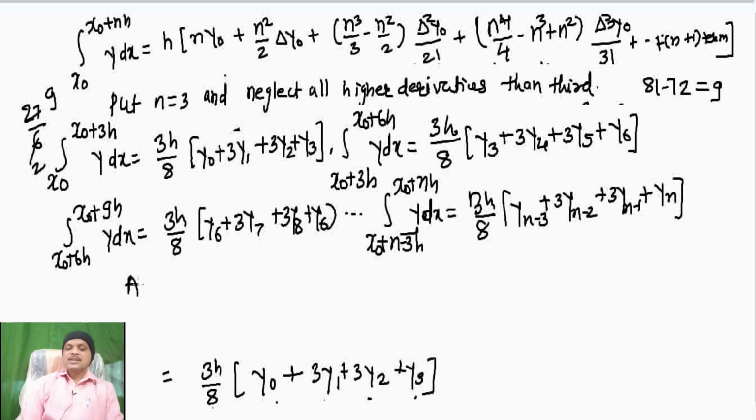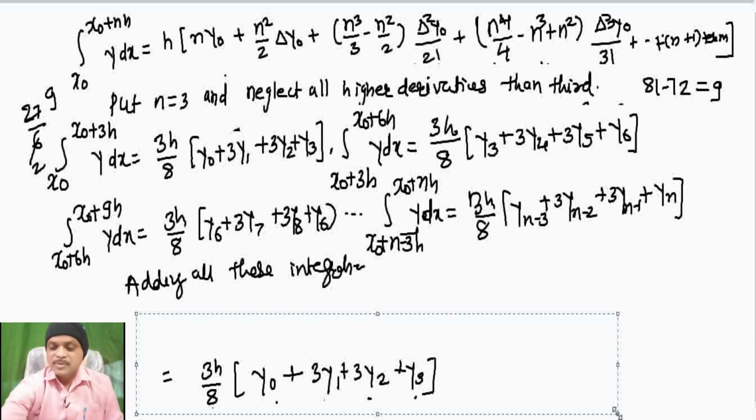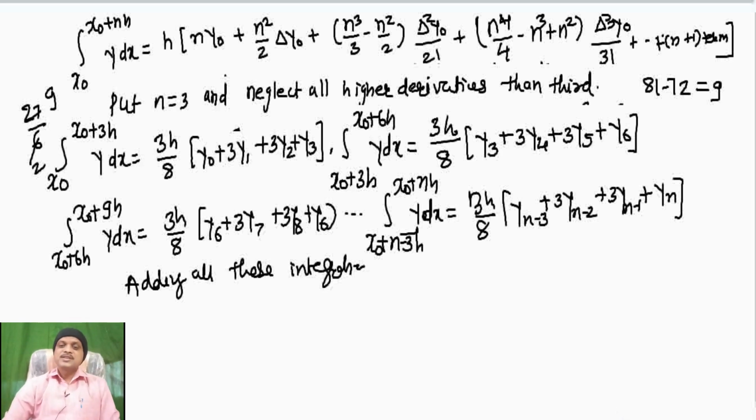Now let us add all these integrations, and we will get the integration directly between the limits x0 to x0 plus nh.